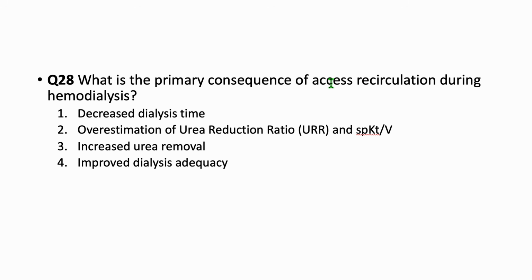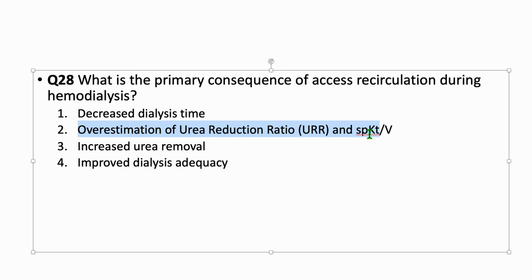In that particular case, we have to decrease the dialysis time. Second option says overestimation of urea reduction ratio and SPKT by V. Yeah, this is the right option, because the same blood will be moving again and again from that particular area, and we are going to calculate that.